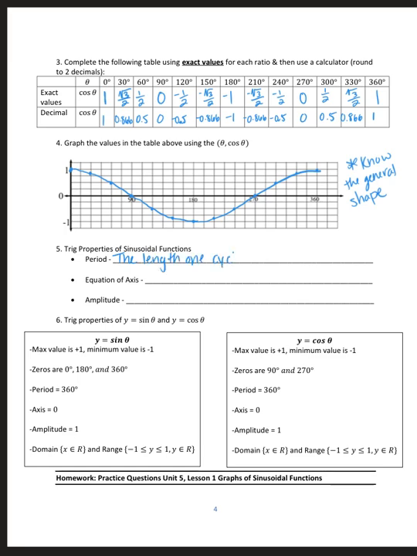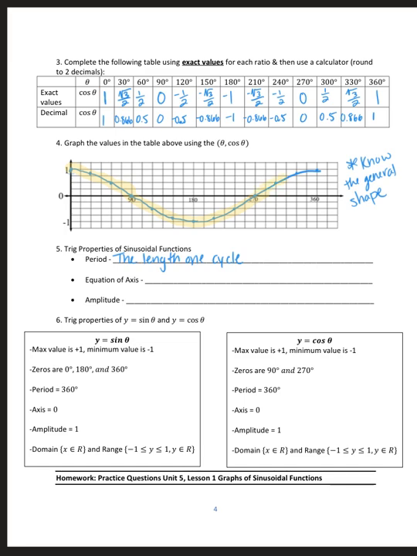So when we're talking about one cycle, it's basically how long does it take for the graph to get back to a repeating position. So if you were to look at our cosine function, it starts here and then it works its way down, right? It works its way down, decreasing, decreasing, until it starts increasing again at 180 degrees.